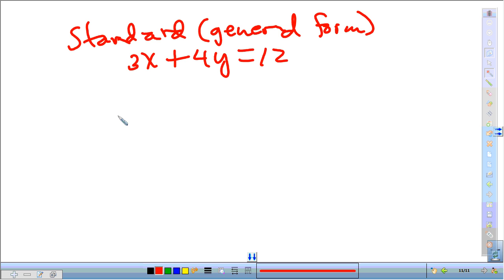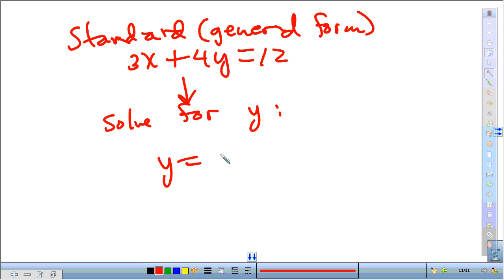That same line, we could take the equation and solve for y. In this case, y is equal to minus 3/4 x plus 3.